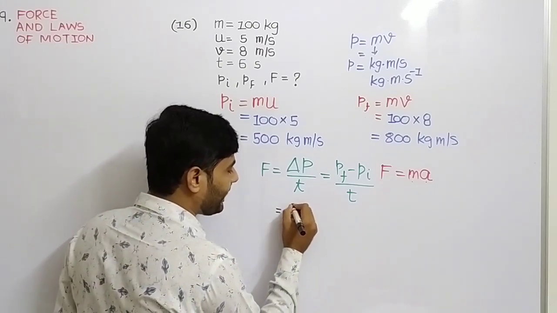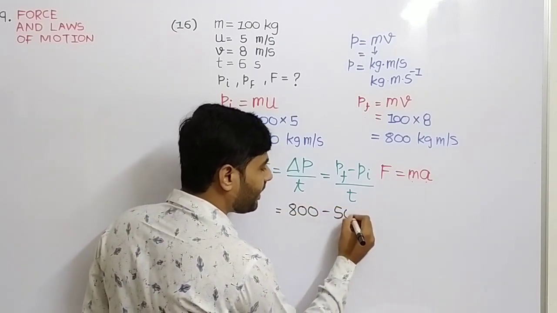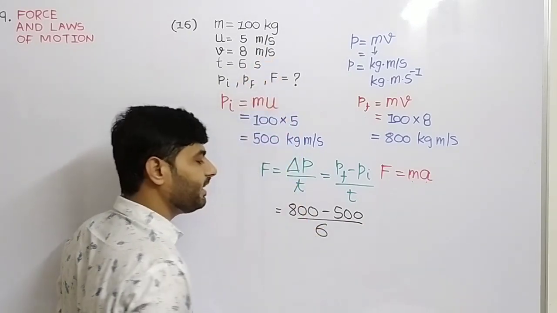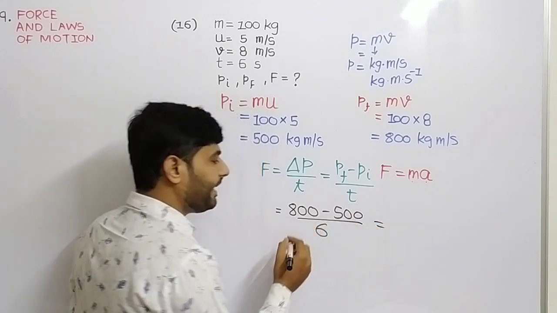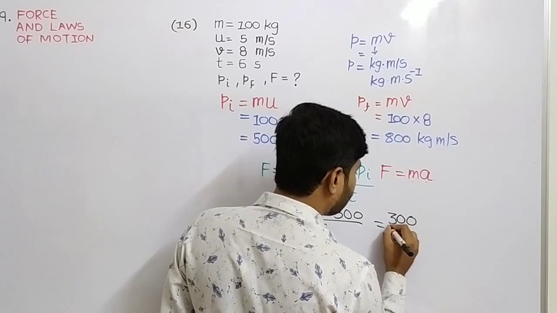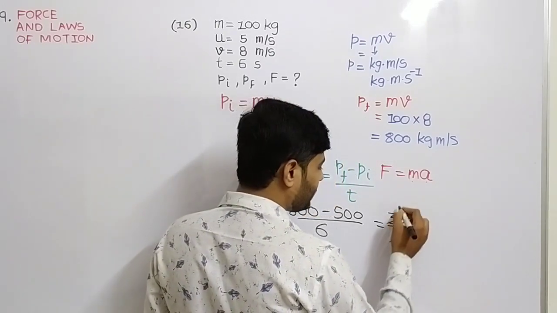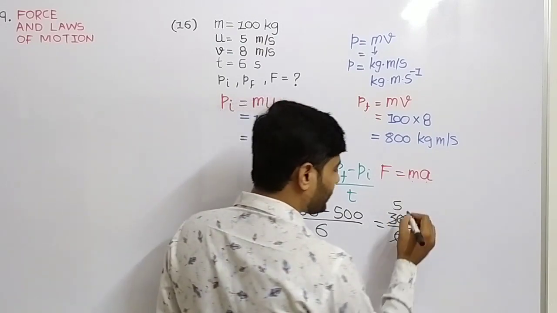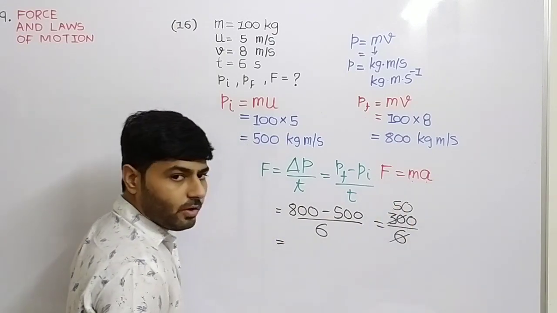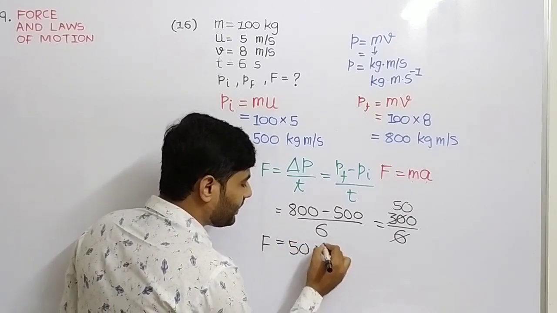Pf is 800 minus Pi is 500, divided by the time taken, 6 seconds. So I have 800 minus 500, that is 300, divided by 6. So 6 5s are 30, so 5 0, 50. So F is equal to 50 Newton.